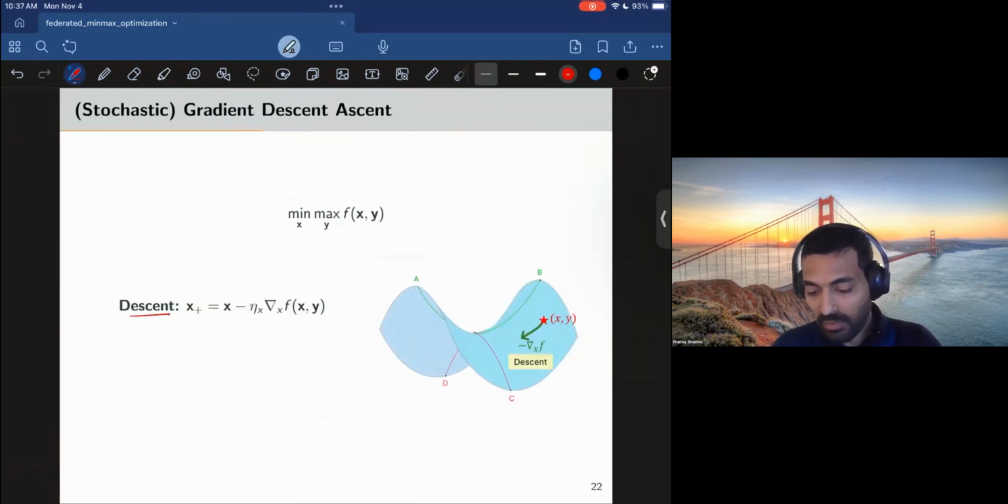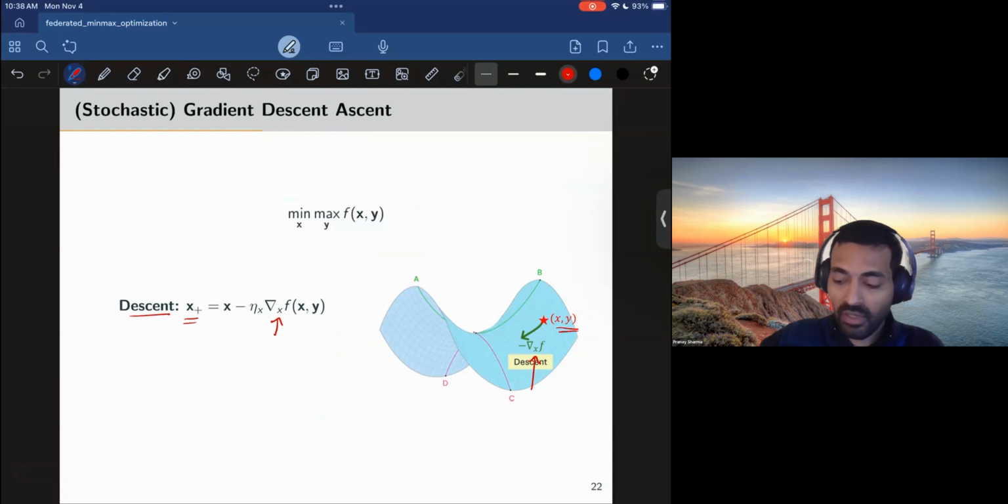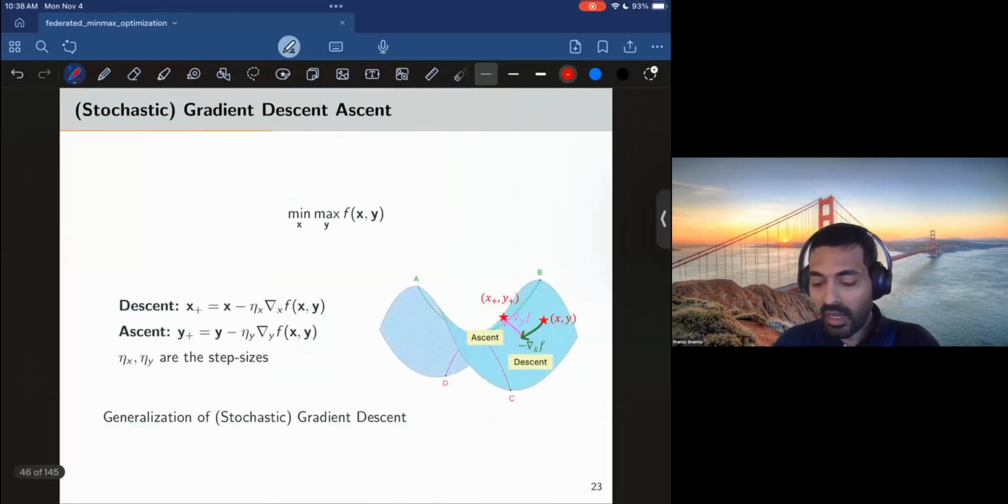By descent, we mean that we take a step in the direction of the negative gradient. To update the min variable x, starting from some point (x, y), we compute the gradient with respect to x and take a step in the direction of the negative gradient. And to update the y variable, the max variable, this should be plus.